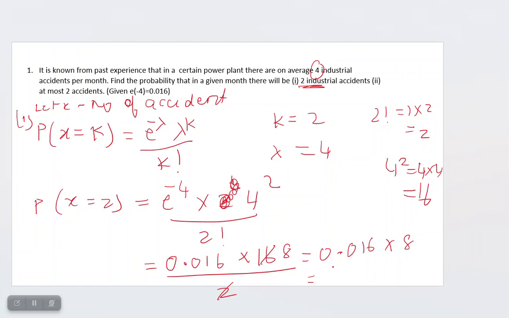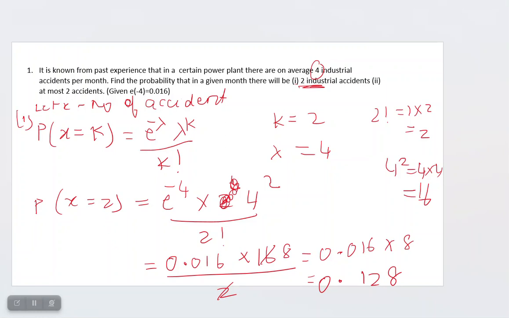We find this value using a calculator, and it is 0.128. This is the answer.